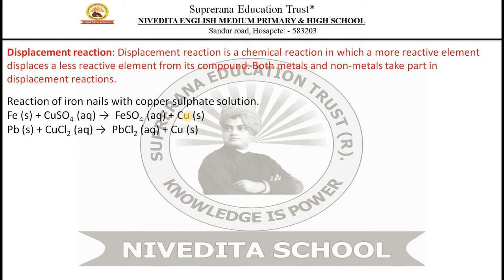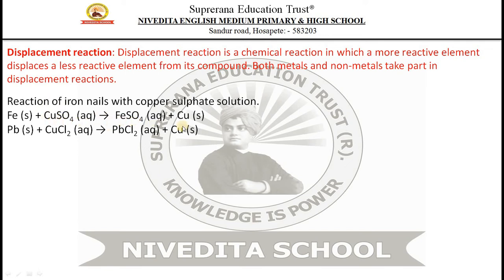This is called a displacement reaction. The very important thing to remember here is the more reactive element. By nature, iron is more reactive than copper. That's why iron can displace copper from copper sulfate solution to form ferrous sulfate.